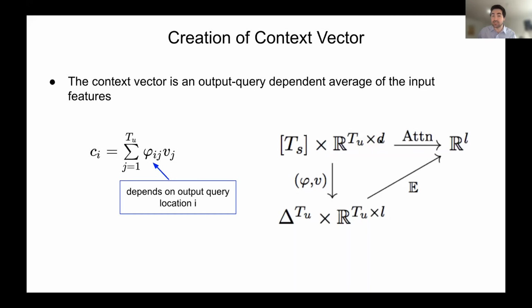Each of them is some d-dimensional vector. And then for a given location that we want to query in the output sentence and a particular sequence in this space, the sequence gets mapped to some collection of features, and the location gets mapped to a point in the simplex on T sub U elements. Once we have a distribution in this space and a feature vector here, these then get averaged together to form the context vector.